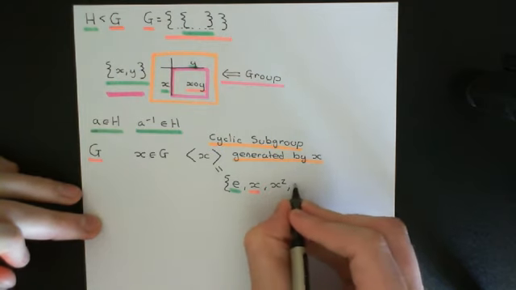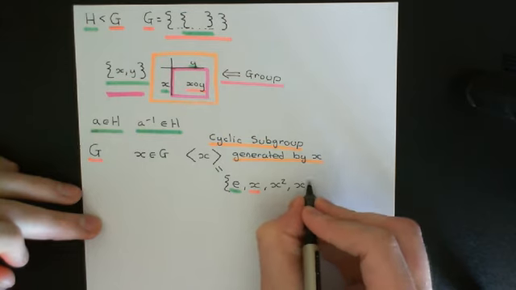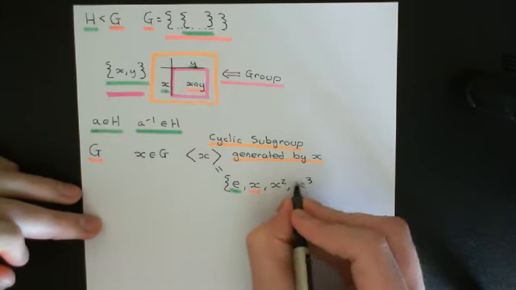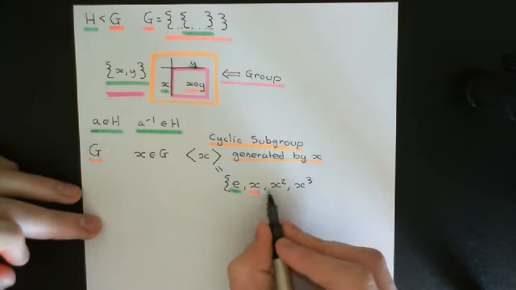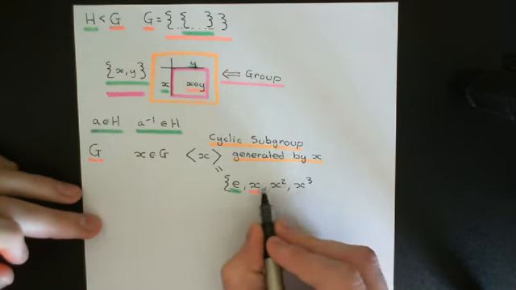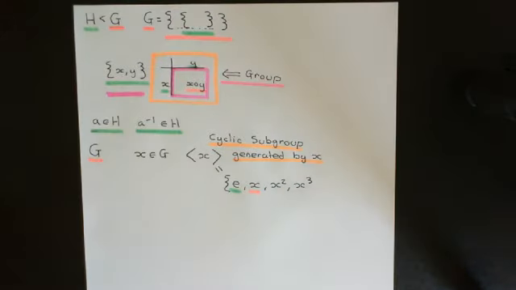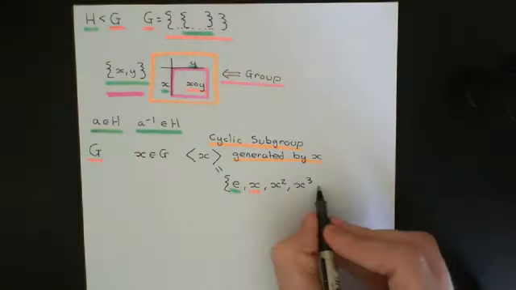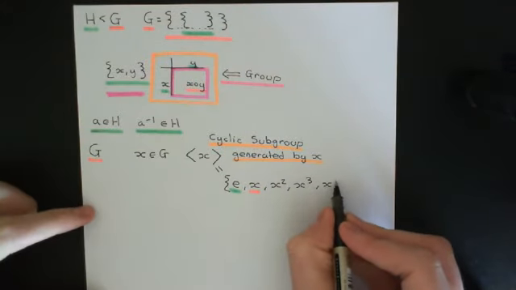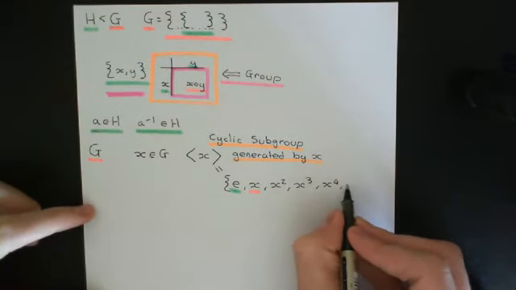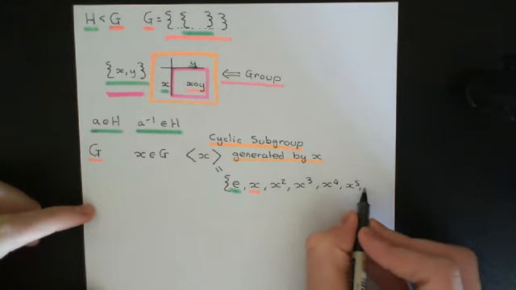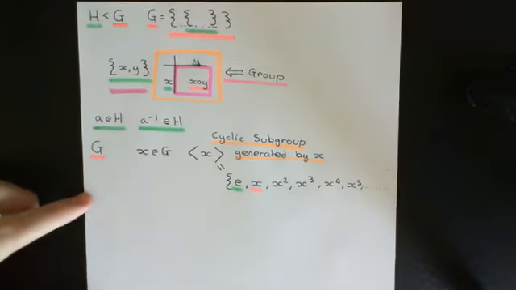Then we'll have x composed with itself 3 times, because the instant we have x and x squared, we can compose those two together to get x to the power of 3. I'll continue this argument and put in all powers of x: x to the power of 4, x to the power of 5, and you can go on and on and on.